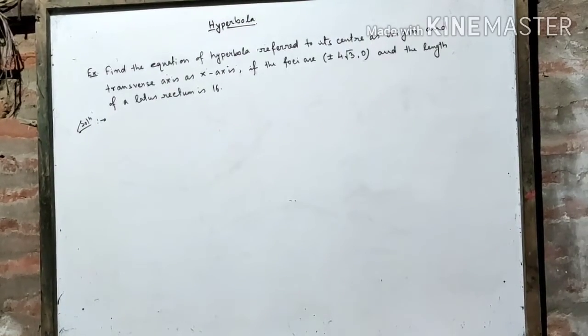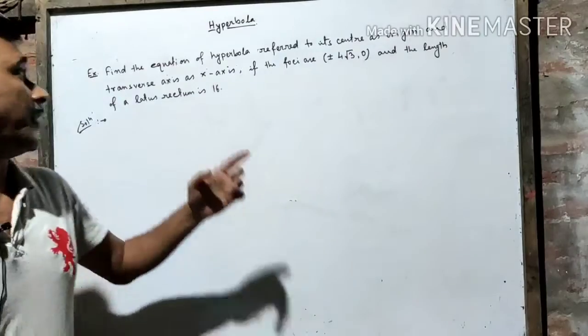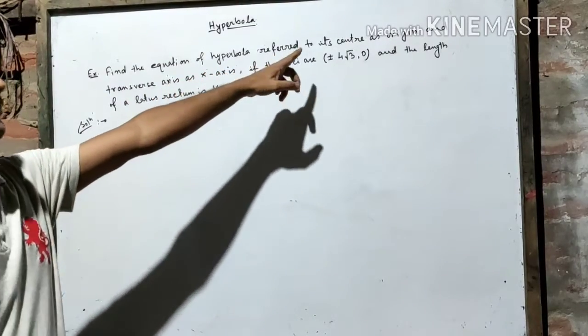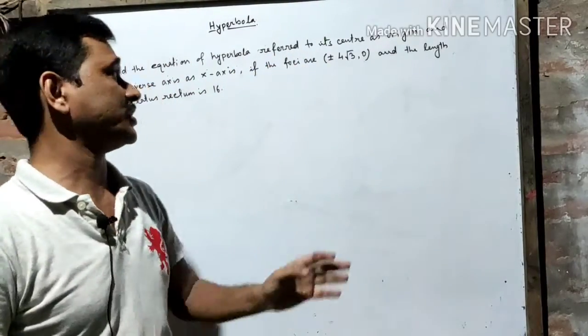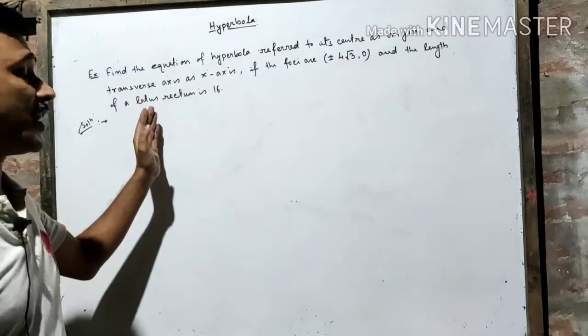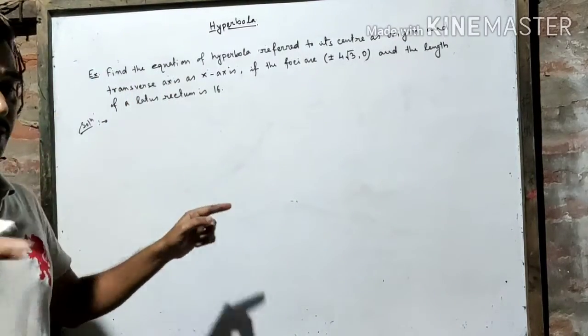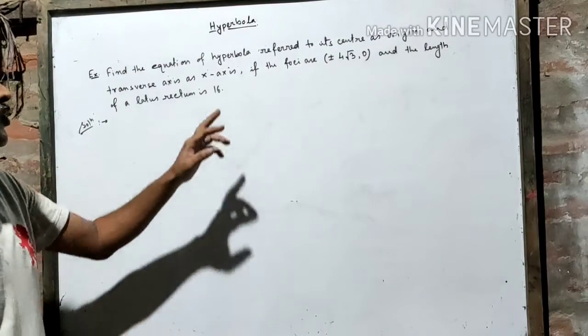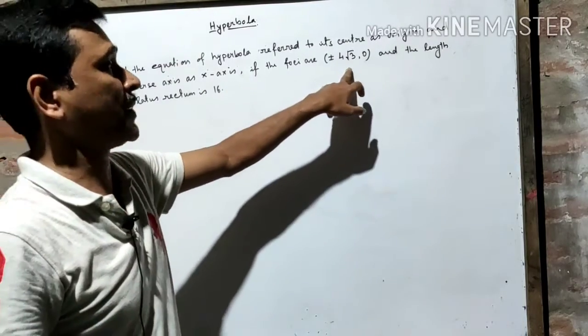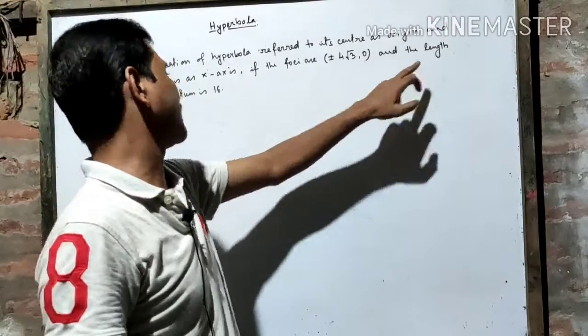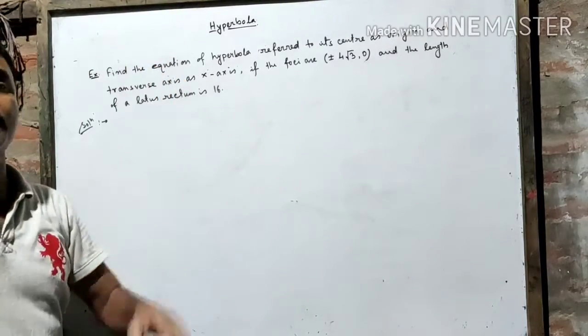So the question is, find the equation of hyperbola, refer to its center as origin and transverse axis as x-axis. So center is the origin and transverse axis is x-axis. So obviously y-axis is the conjugate axis. If the foci are (plus minus 4 root 3, 0) and the length of latus rectum is 16. Okay.